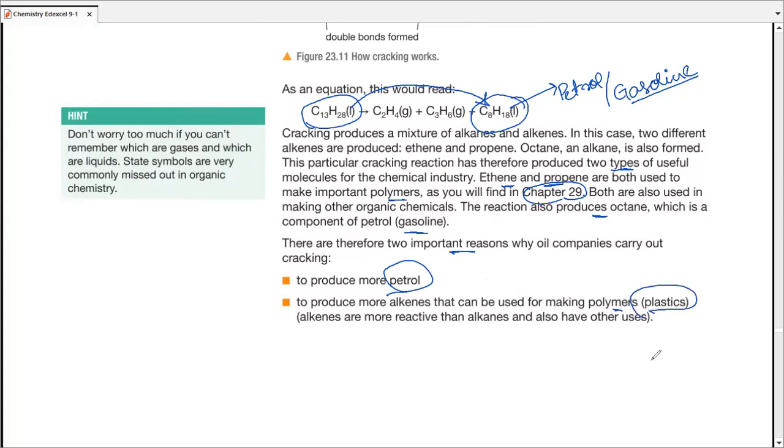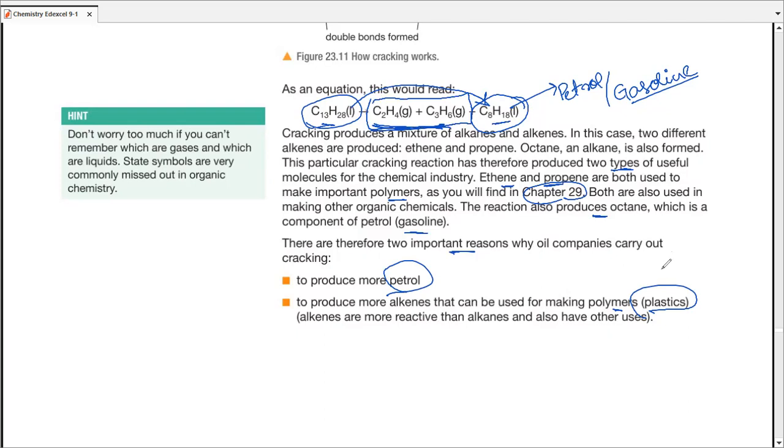Now you'll be amazed to know that the plastics are produced from the leftover parts of the cracking products. In this cracking product, the molecule was converted into gasoline. Whatever is left over in here is actually used to make plastic.